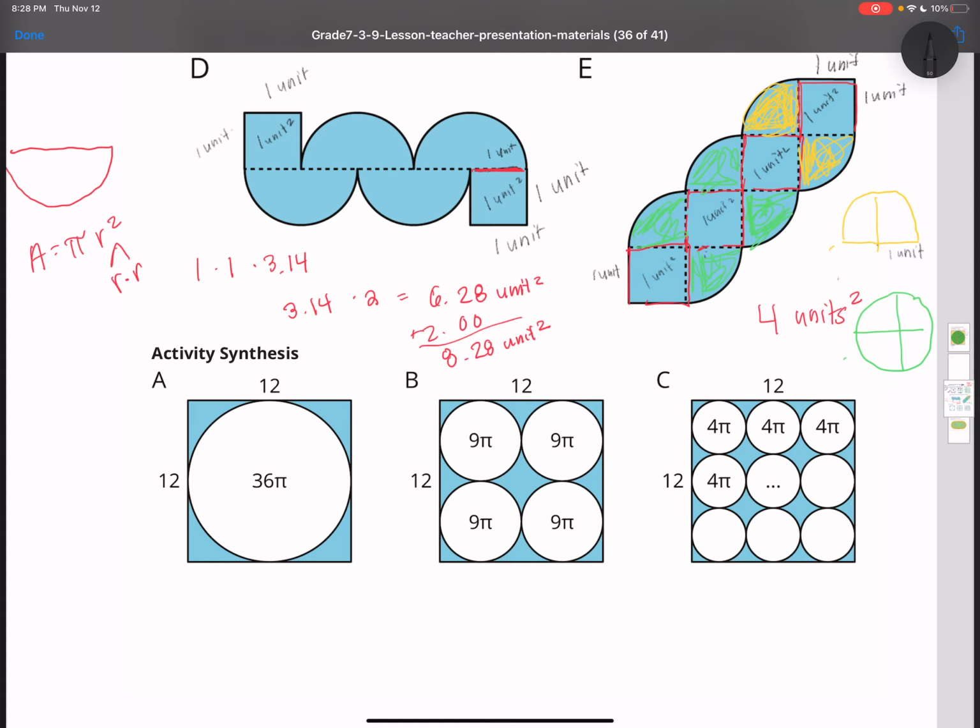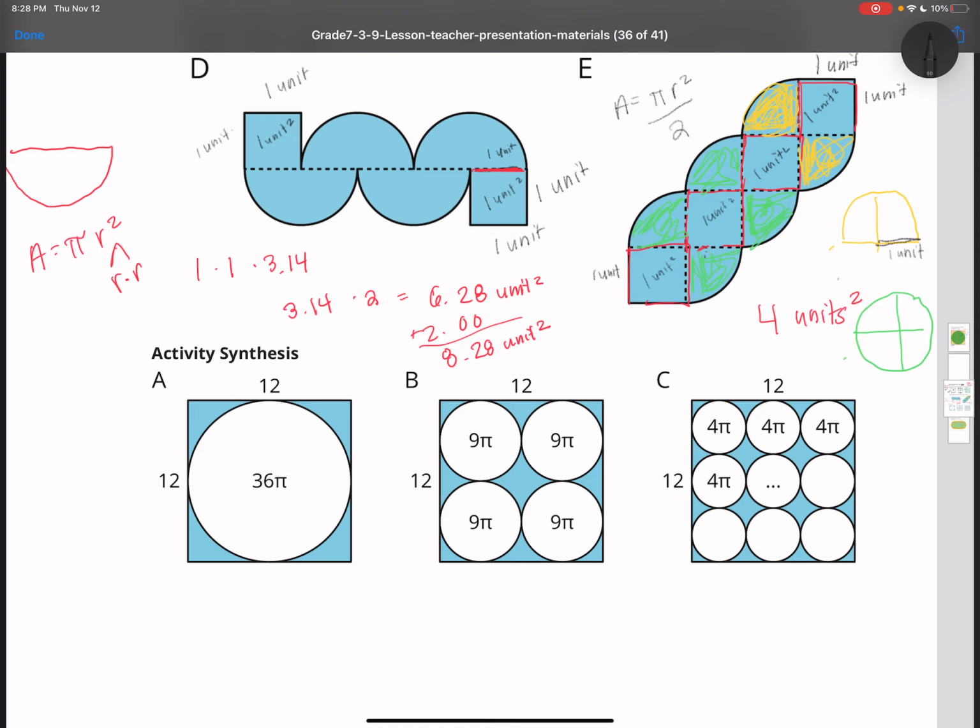Now, being that we're dealing with half of a circle, what do you think we need to do with our area formula? And let me just give you that friendly reminder. Area is equal to pi r squared. What do you think we need to do with that formula or add to it since it's half of a circle? If you guessed divided by 2, you are absolutely correct.